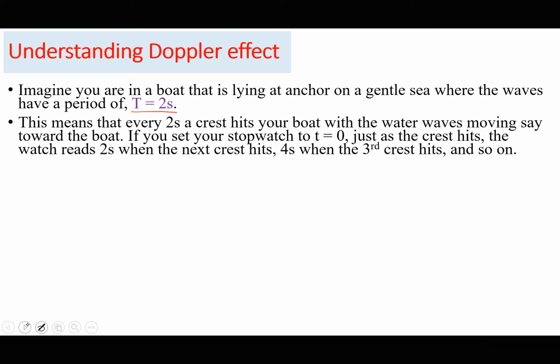So let's say I have here the waves on the sea moving towards a stationary boat. I don't remember how to sketch a boat. The waves are moving, the boat is at rest. The waves are moving towards the boat, and these lines are showing crests. And after every 2 seconds, a crest is hitting the boat.